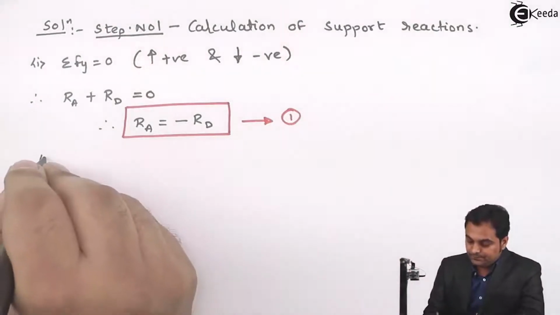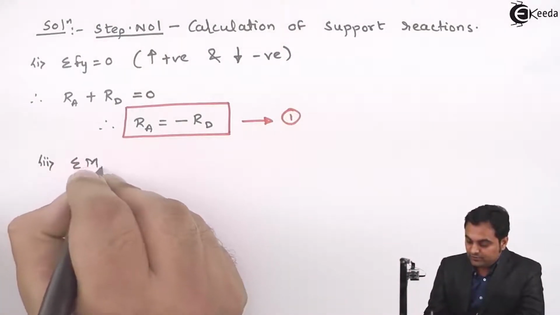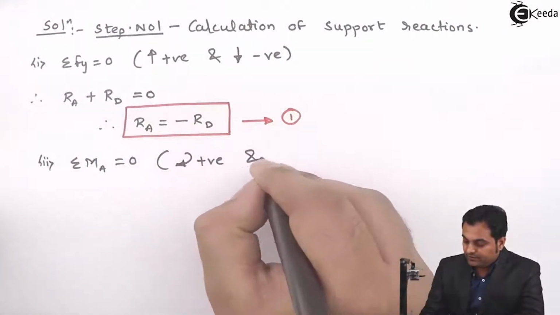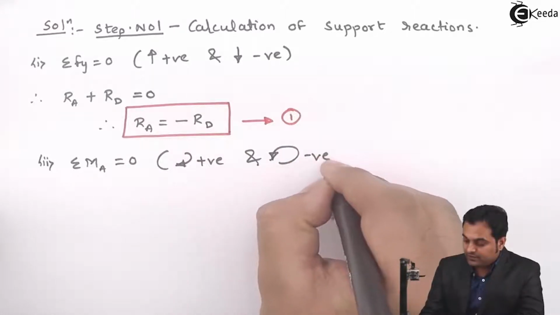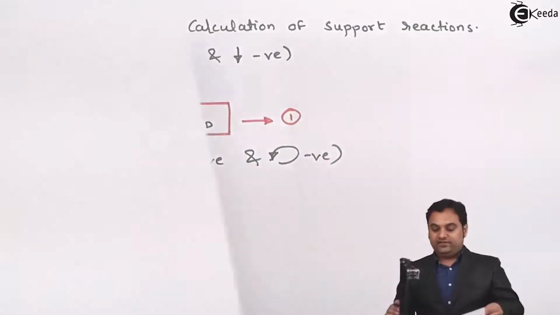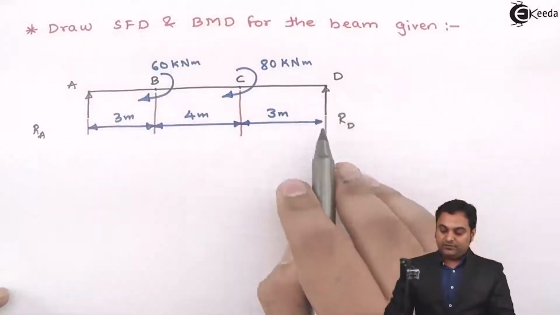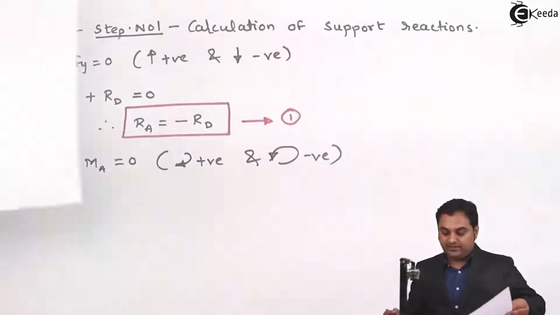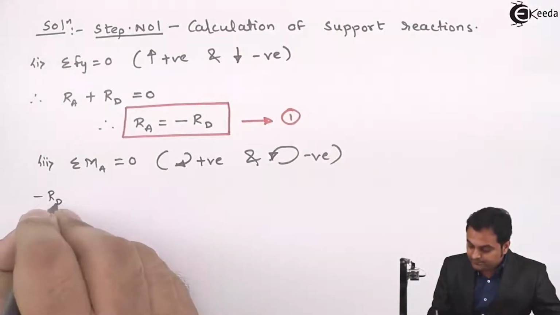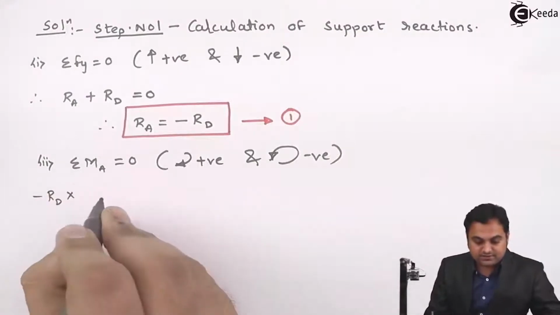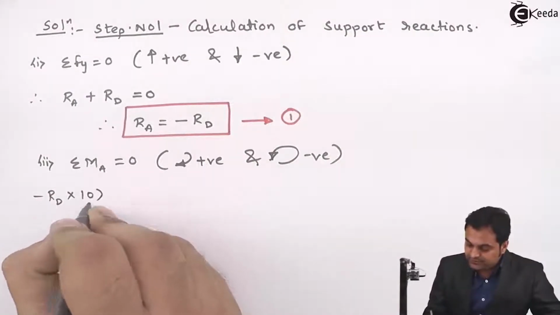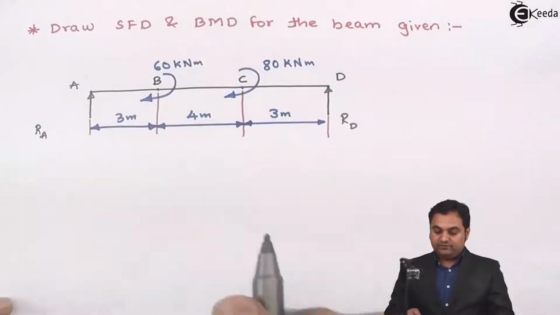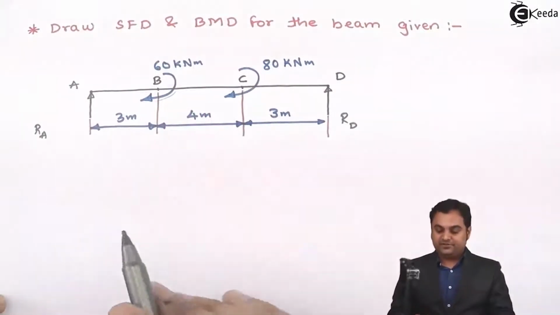Then summation of moment about A is equal to 0, where clockwise moments are positive and anti-clockwise moments are negative. If I take the moment at A, Rd is acting upward, so it will produce an anti-clockwise moment at A, so minus Rd into the distance, 10 meter, the total distance from D to A. At the same time, in this problem we have two couples, both acting clockwise, so they will be treated positive.